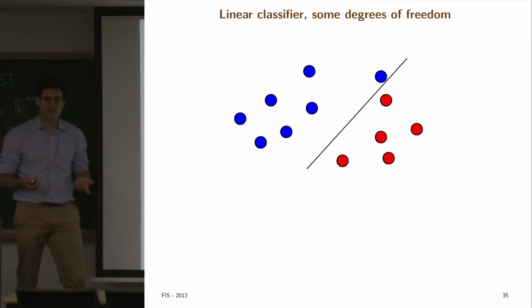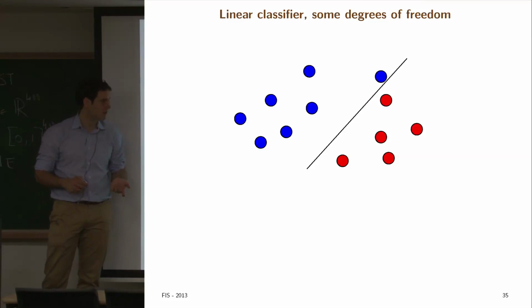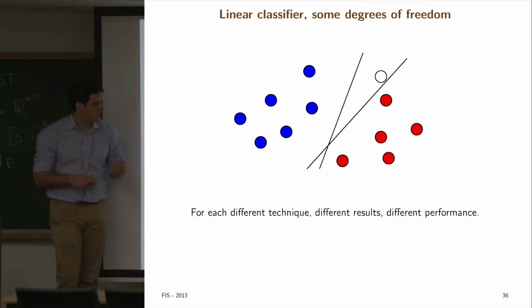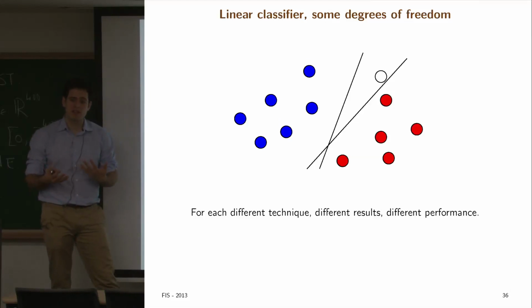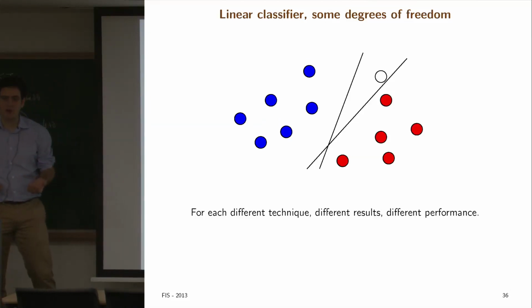So you can see that what's at stake is not so much whether we are able to separate blues and reds well in a training set. What's at stake is what will happen when we see more points after that, and will we make a lot of errors? Is it likely that our classifier will be useful?